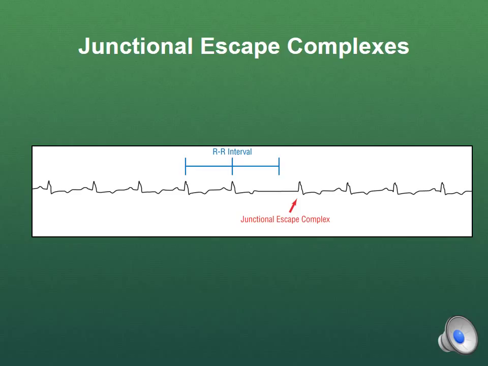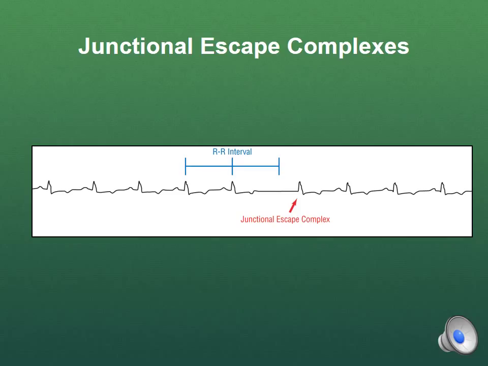We can also have junctional escape complexes. For whatever reason, if we have a dissociation of the atria and ventricles, or we have a failure of the SA node to fire, we can see a junctional escape complex, highlighted in red here.